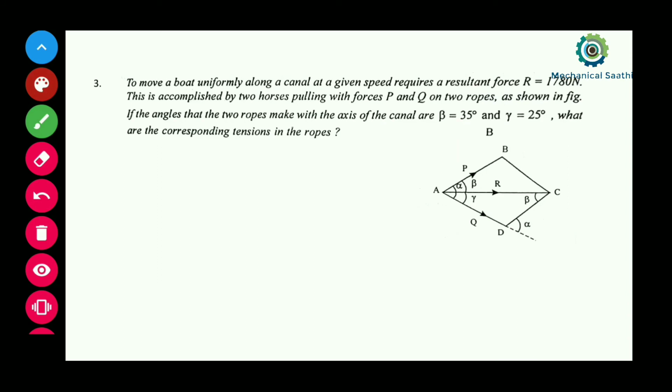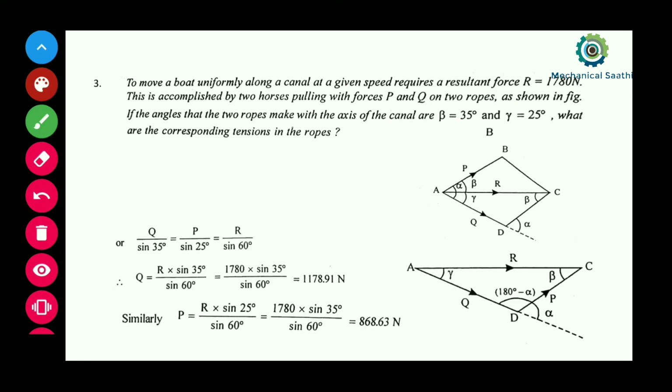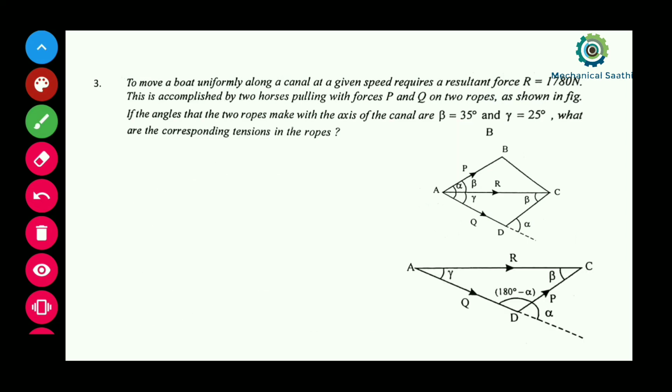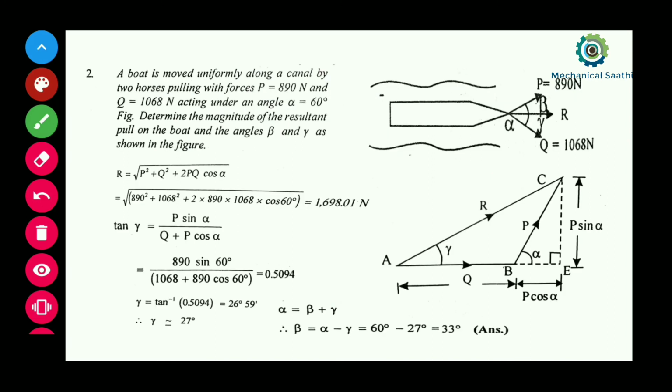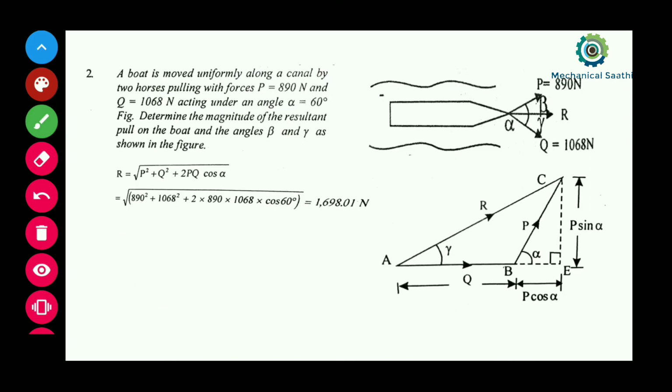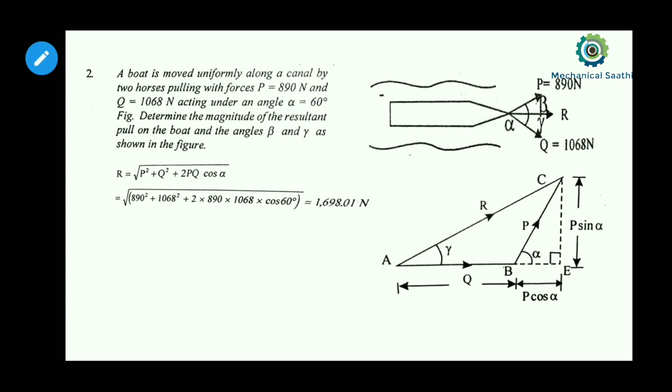So let us try to draw that triangle which we have drawn previously. Let us move back and see that triangle which we have used in the previous problem. See this triangle.